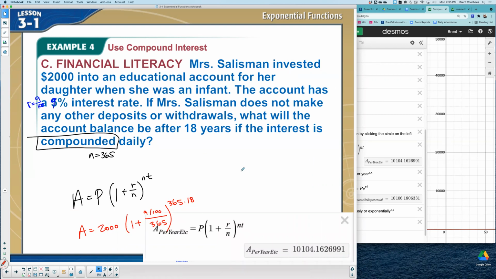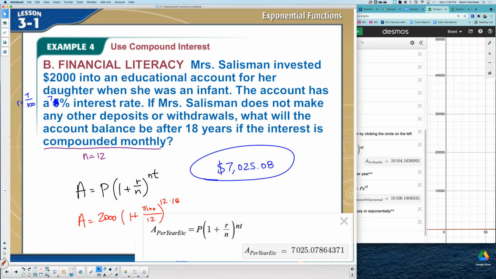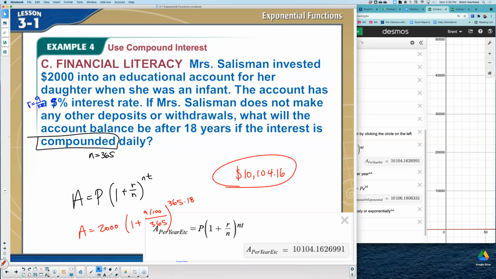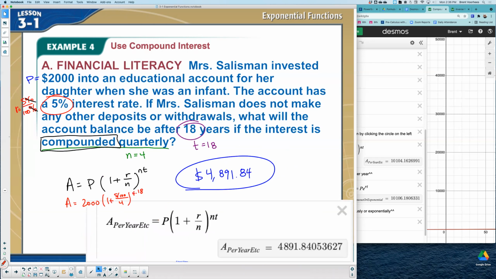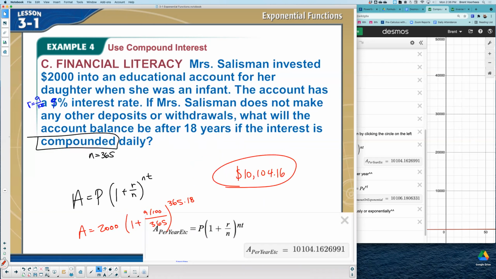Then I went to the lower end of average and we had a 7,000 return. Now I did a little bit better than average and you have $10,104 out of your $2,000. Which one's better? Now, is there much of a difference between 5% and 9%? Yes or no? Is that very much of a difference?